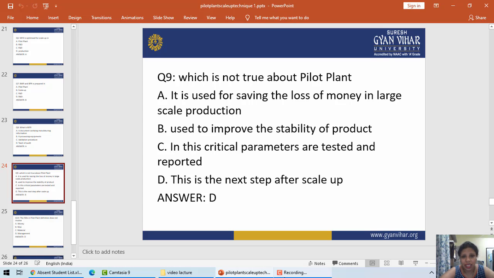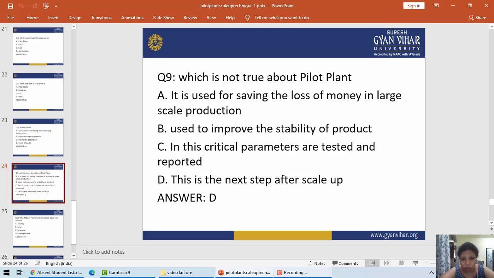Which is not true about the pilot plant? First one, it is used for saving the loss of money in large scale production. It is used to improve the stability of the product. The critical parameters are tested and reported in the pilot plant. So which is not true?